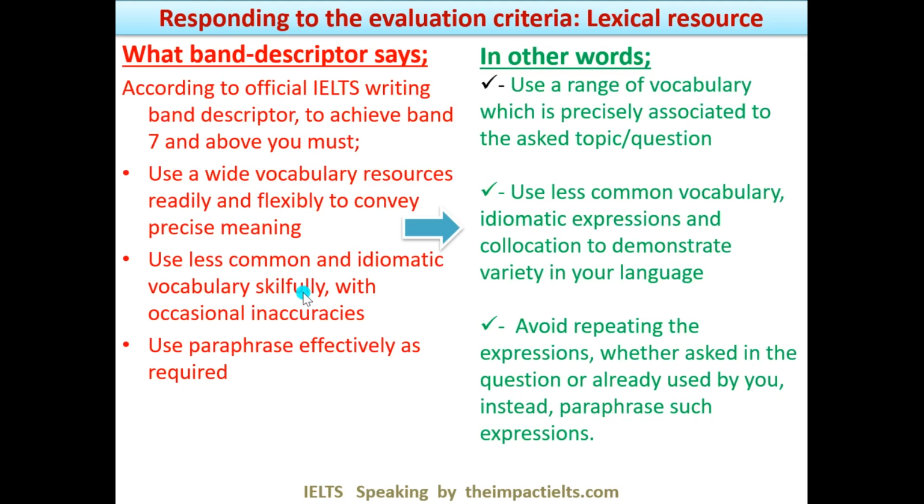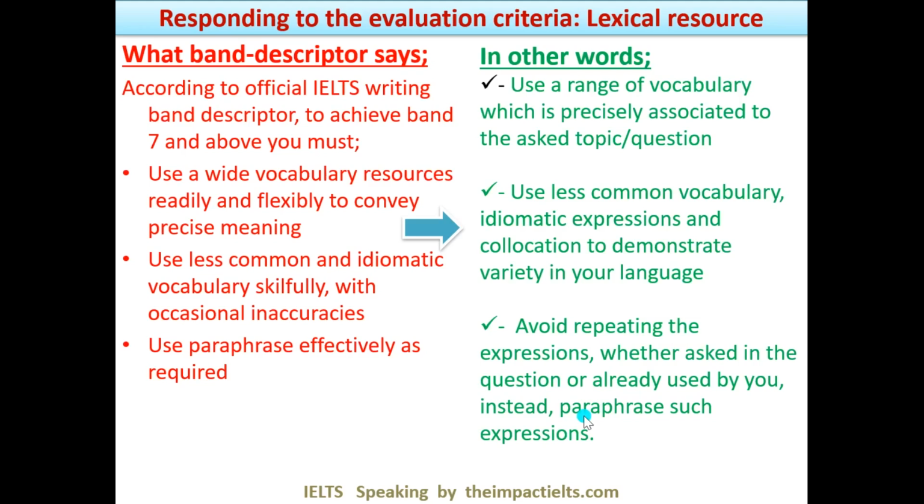Because the interview is a sort of informal, you should try to use idiomatic vocabulary and paraphrase effectively. I have just explained that to you. Avoid repeating expressions that were asked in the questions. So if somebody asks you, do you like to visit crowded markets, and you say yes, I like to visit crowded markets, you simply repeated it.